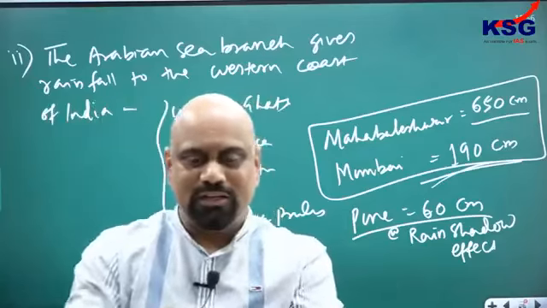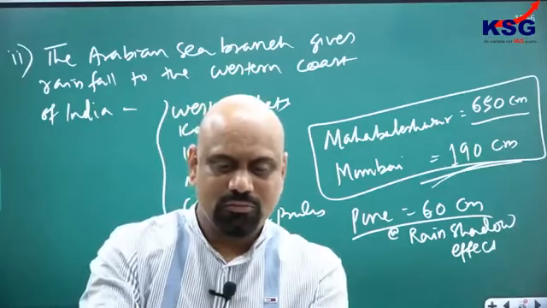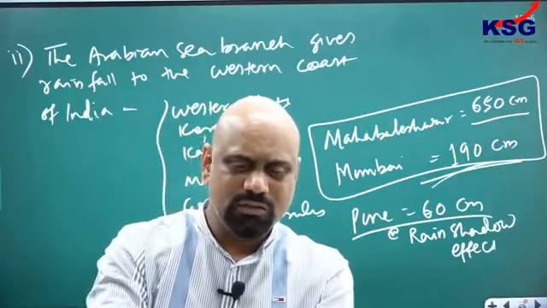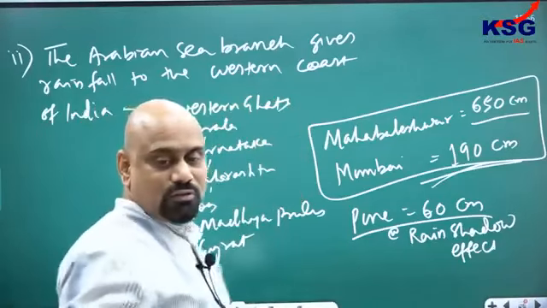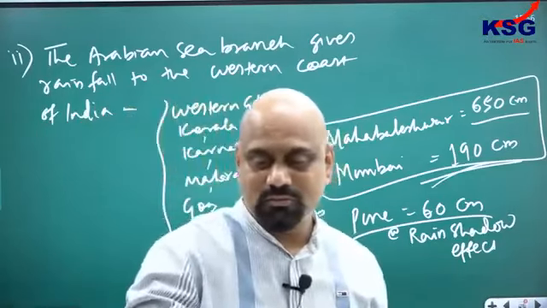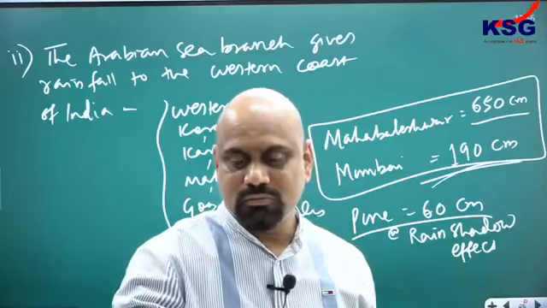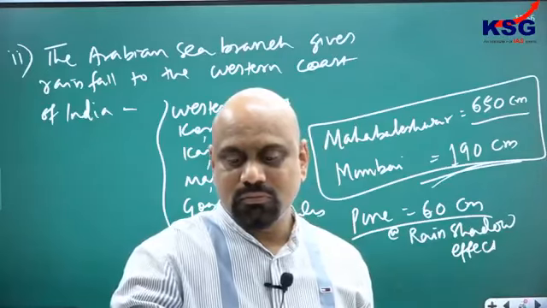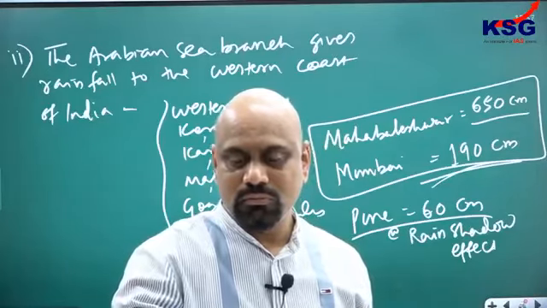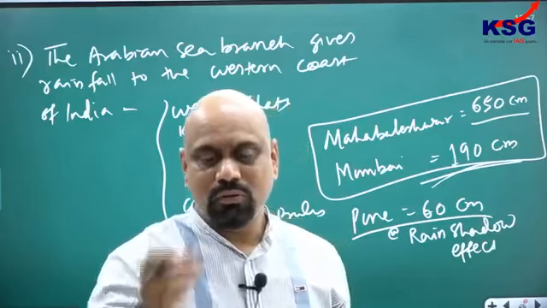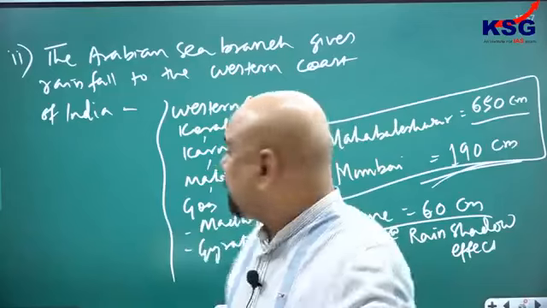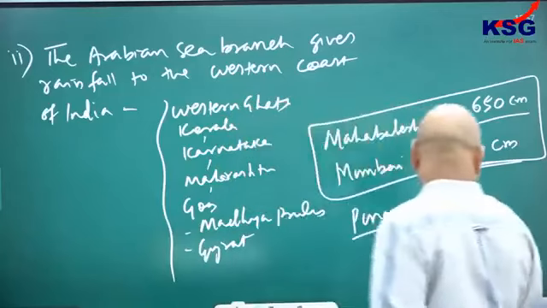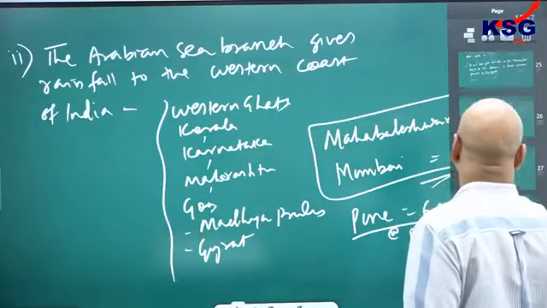How rainfall will increase from south to north? Where it will increase? It will decrease. Did I say increase? Just 1 minute, please. You are talking about that one, it is about your earlier slide.